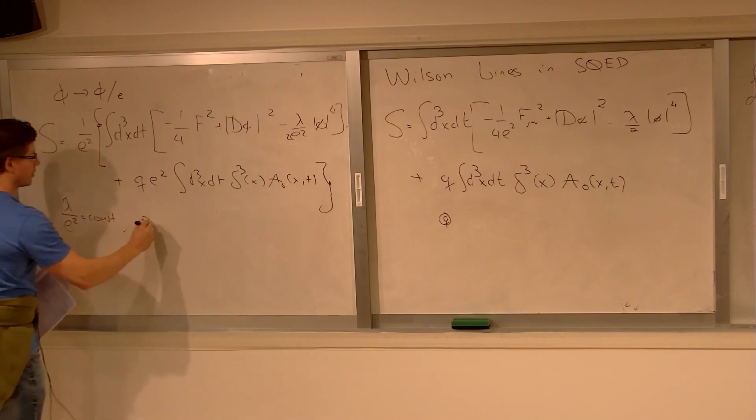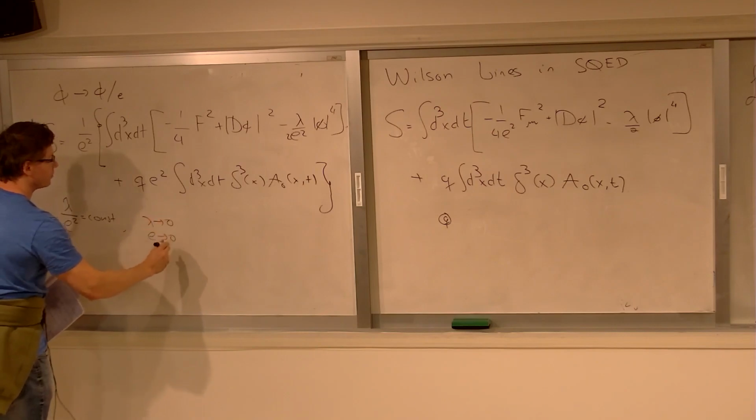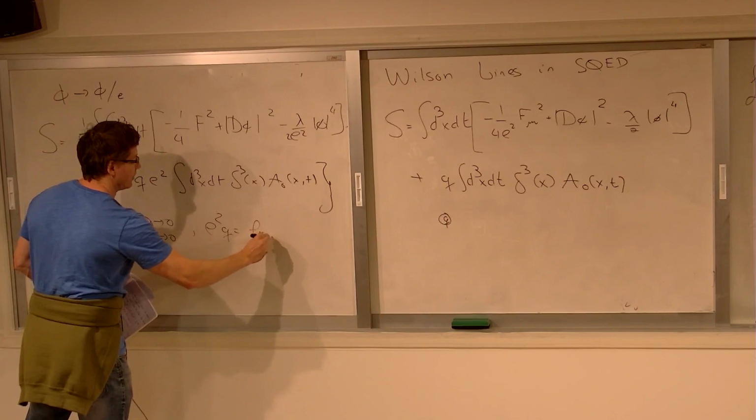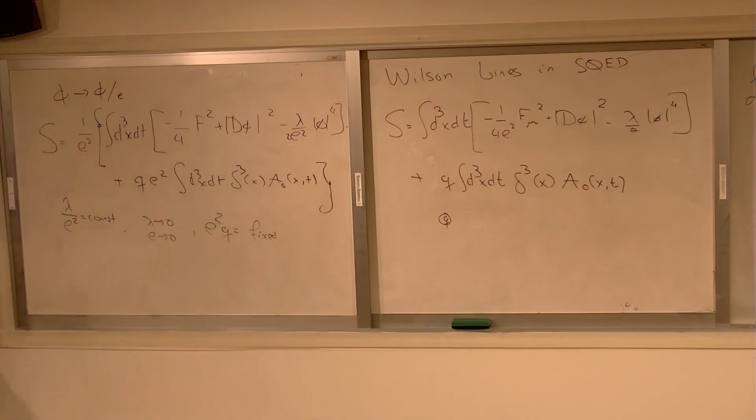Lambda goes to 0, e goes to 0, and e squared q is fixed. This is a scaling limit in which the beta function becomes irrelevant. So it's a conformal limit at leading order, because the beta function, if you remember, is of order e cubed. We're keeping lambda over e squared fixed, and we're keeping e squared q fixed.